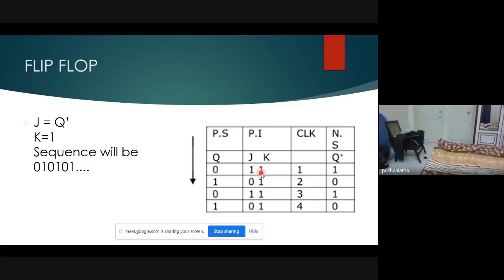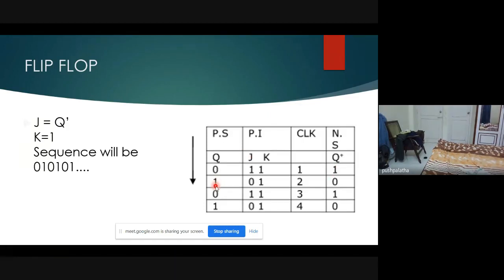When both the inputs are high, what is the significance in a JK flip-flop? It will toggle the present state. So here J equal to 1, K equal to 1, and Q value is 0, so my next state Q plus is 1. Now this will become the present state.